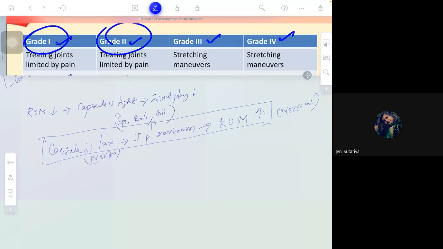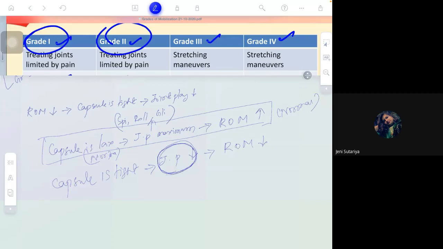If the capsule is tight, what will happen? Available joint play will be reduced. If joint play is reduced, then range of motion will be reduced. Clear? So what will you do in this situation?